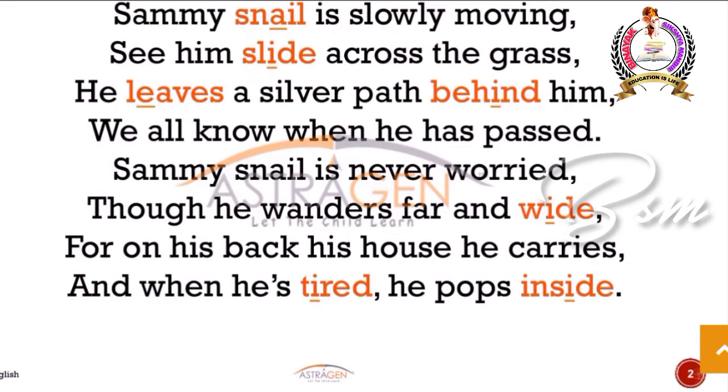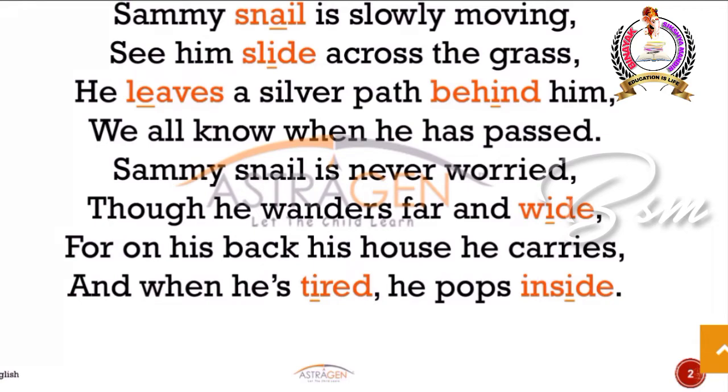Now we have the letter I. The short sound of the letter I is I, like in the word ink or in the word is. And the long sound is I, where it says its own name, in the word behind or ice cream.